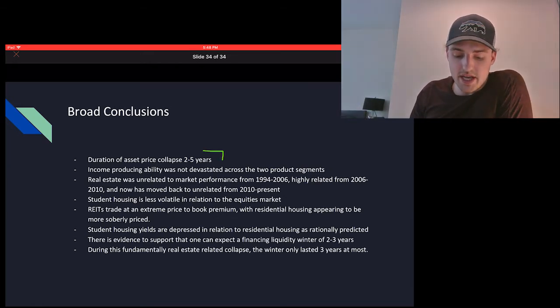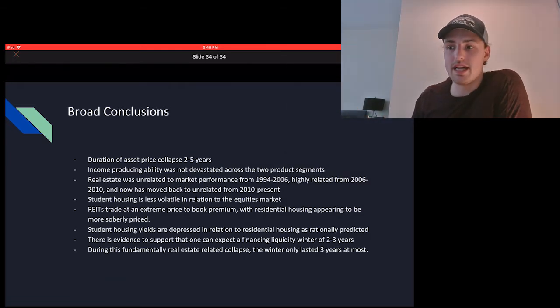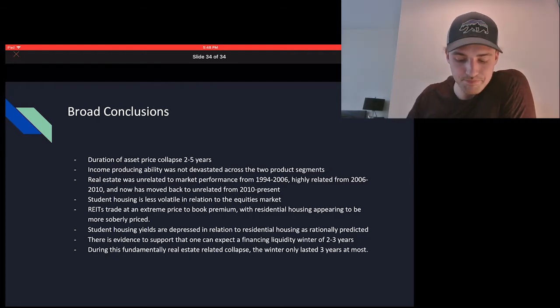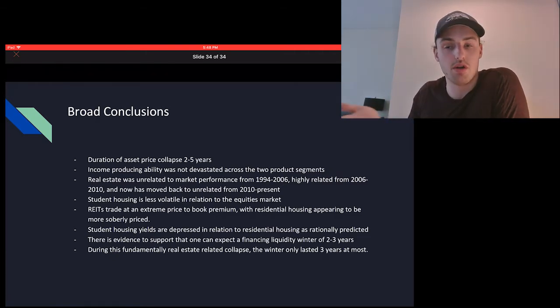The next thing is that the income producing ability was not devastated across the two product segments. So another key takeaway, which is great news for people in the property management and long-term investment viewpoint, is that if you are able to ride out the storm, during the storm the income producing ability doesn't fall to zero, which makes sense because people are still going to be living in a home during the collapse.